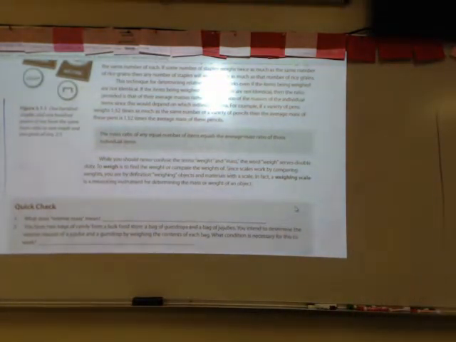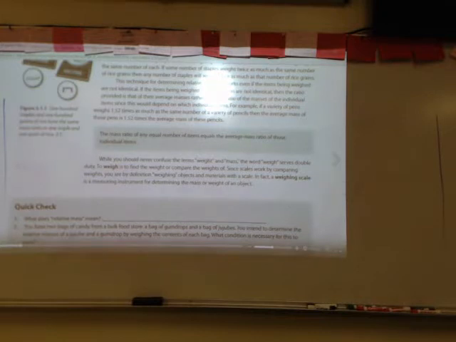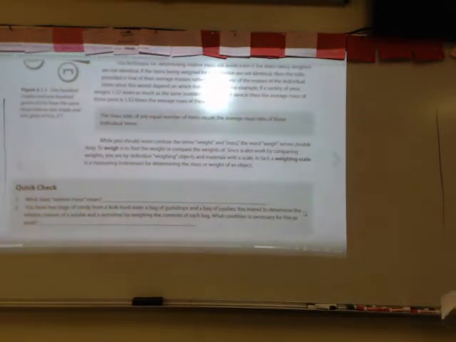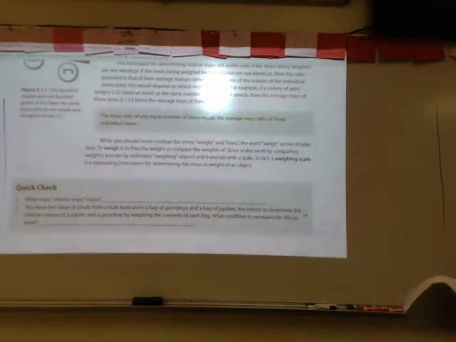And when we're looking at the terms weight and mass, the word weigh serves 2 purposes. To weigh is to find the weight or compare the weights of. And scales work by comparing weights, so by definition you're weighing objects and materials with a scale.